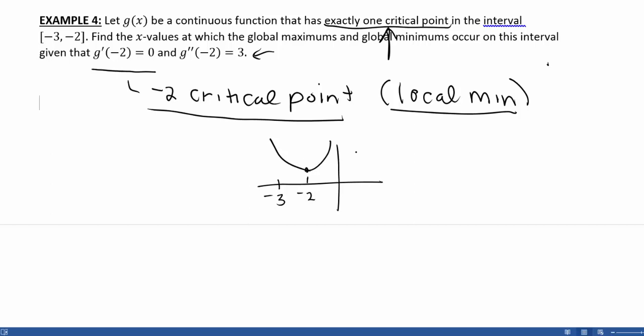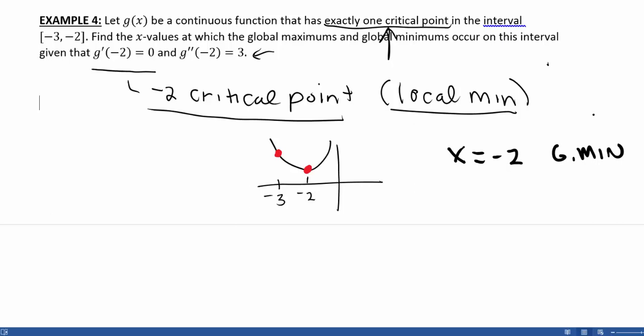So since we're concave up, we have this sort of bend, which means that if we restrict this graph to what's happening between -3 and -2, we can easily tell where the global max and global min are going to be based on their x values. So x equals -2 has to be our global minimum because that's going to be the lowest value.